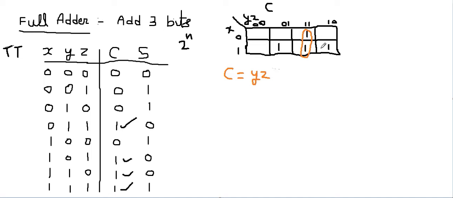Then we can see from this Karnaugh map that we can make a group of these 2 ones together. So this is another group. What is common in these 2 cells here? It is 1, it is 1. So we have yz and yz complement.